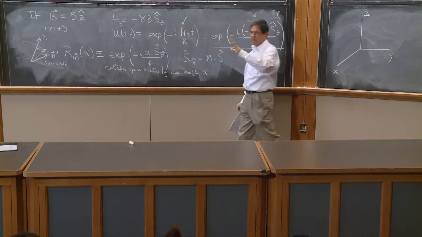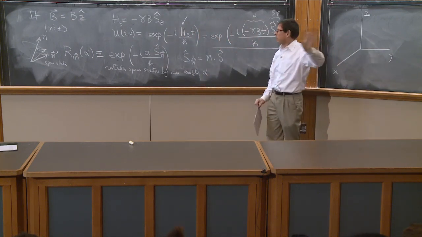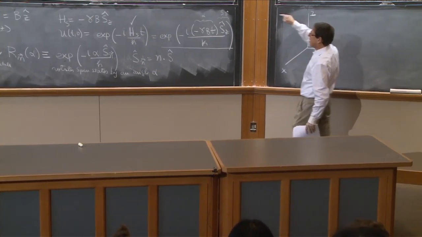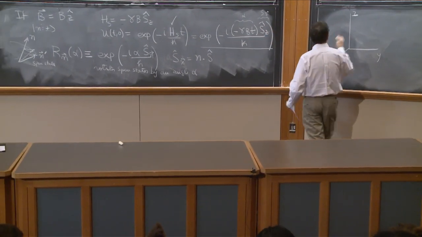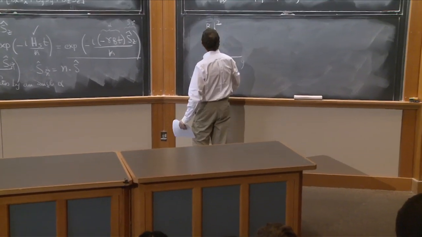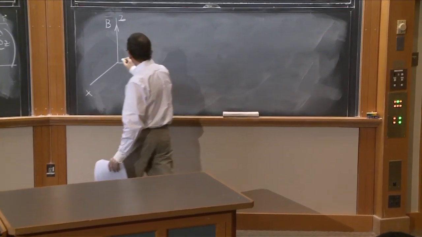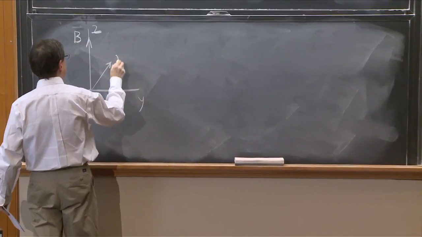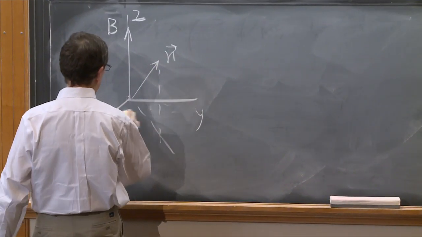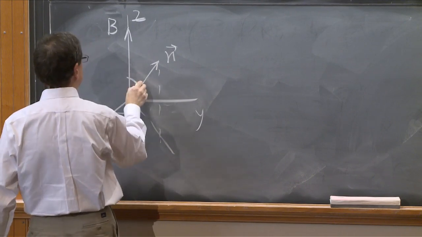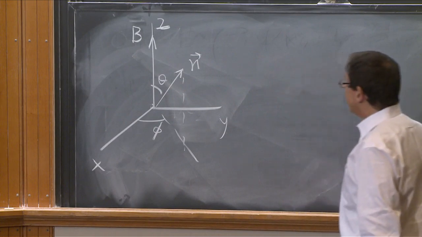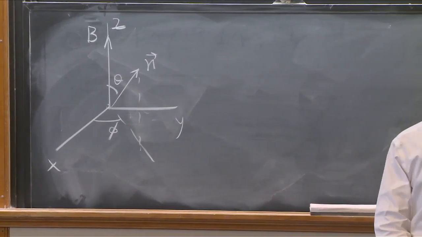Your spin state is another object. It's a spin that lives in some direction. So here, we're having a magnetic field in the z direction. So the magnetic field is here. And we'll put a spin state over here, an n, a spin state that has some value of phi and some value of theta. And that's the spin state at time equals 0.